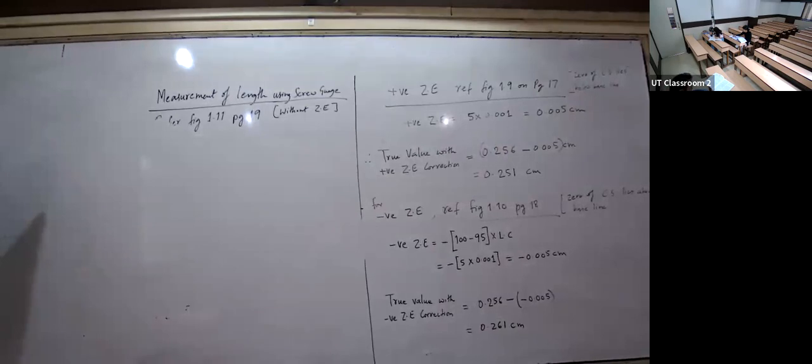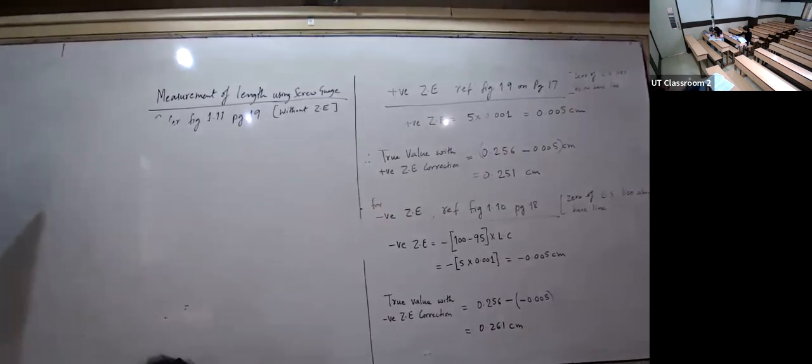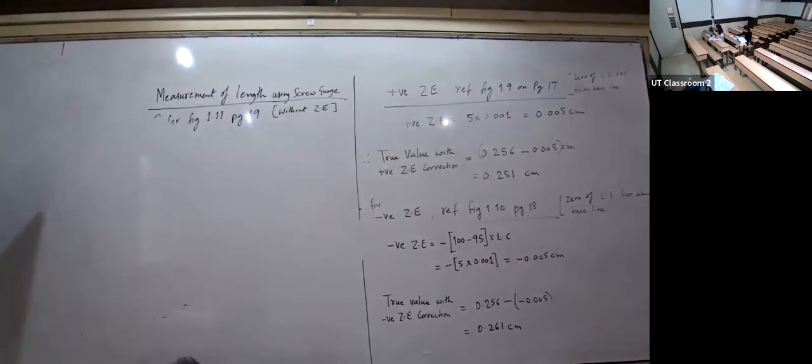So what do we do? 0.5, right? How do we get it?